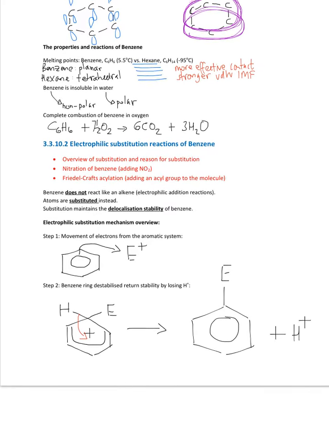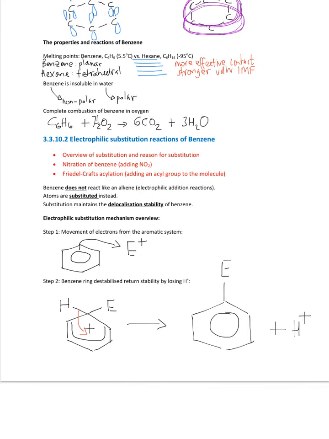The second part of benzene is to think about electrophilic substitution reactions. The acronym I use to learn this is BEST. So benzene, electrophilic, and then substitution. The ST stands for substitution.